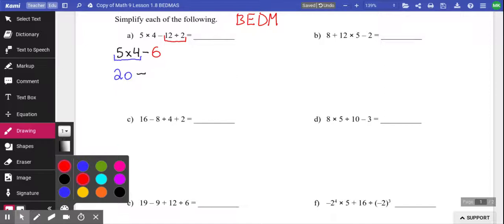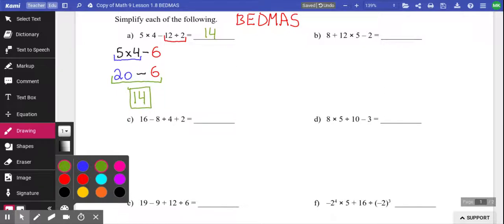My 6 stays. My next letter in BEDMAS is A for addition. There is no addition to do in this question. My final thing is S for subtraction. If you have anything that needs to be subtracted, subtract it. For us, we have 20 minus 6. That equals 14. And that's the answer to that question.